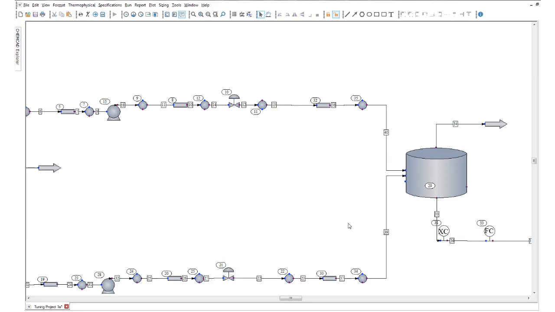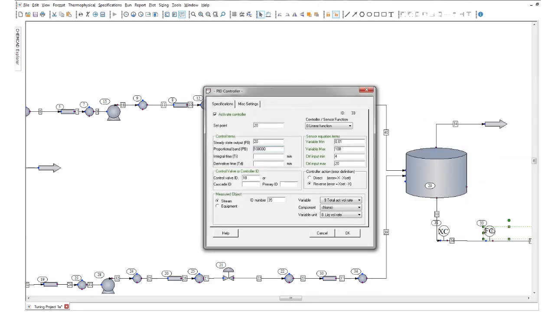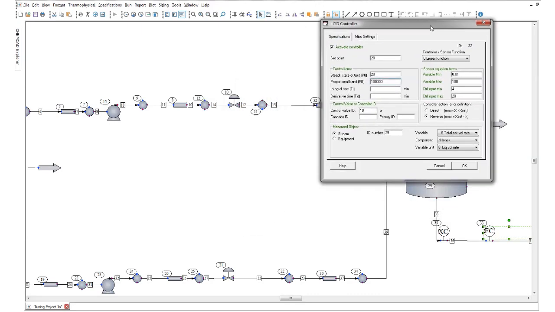And I'm going to control the total flow by adjusting my water flow rate. The control valve is number 10. If I look at my control valve number 10, that controls the water flow to my mix tank. Okay. At the present time, I have it set at 20.